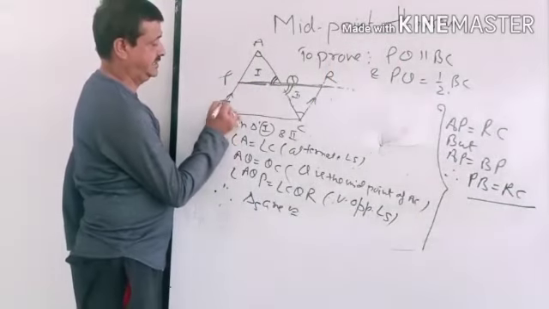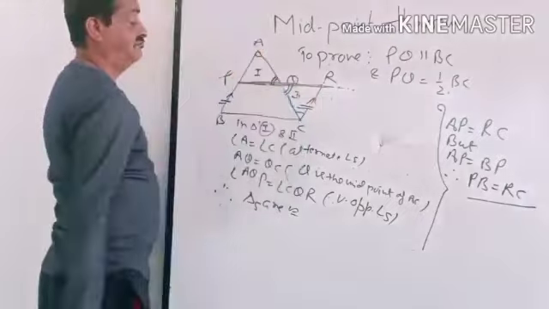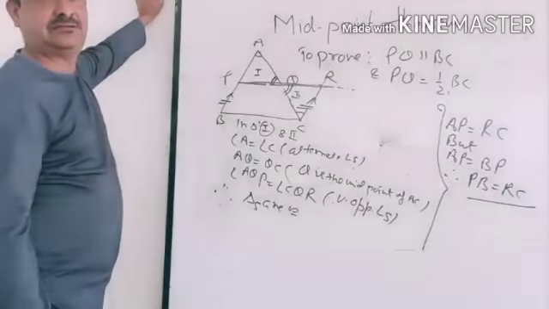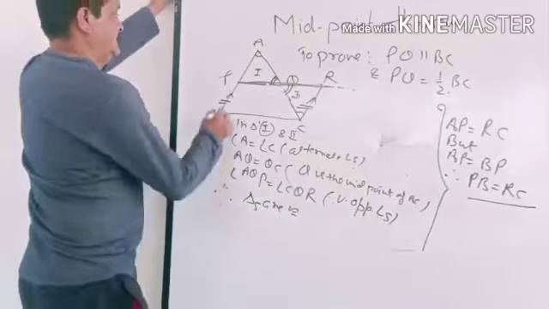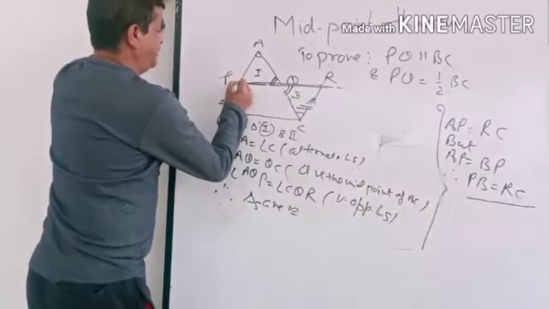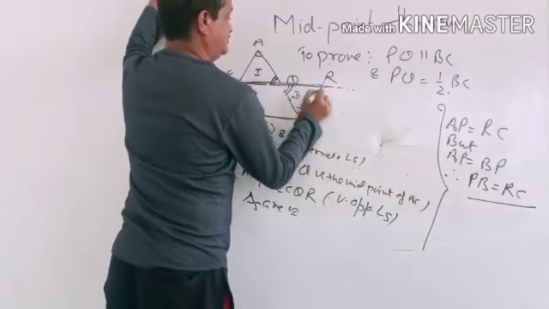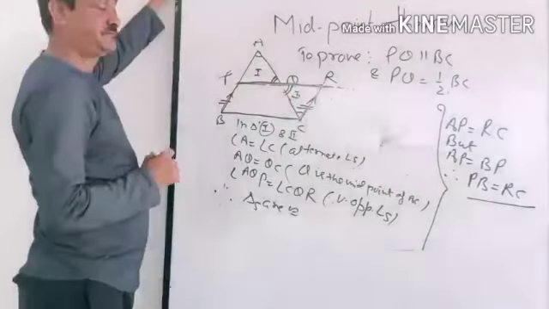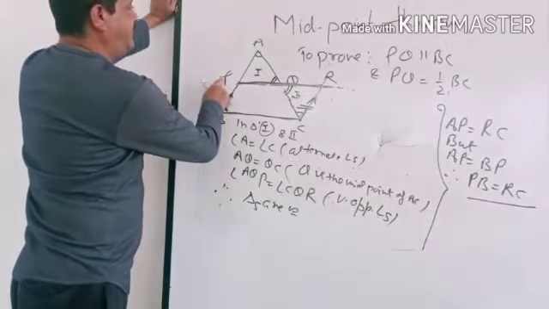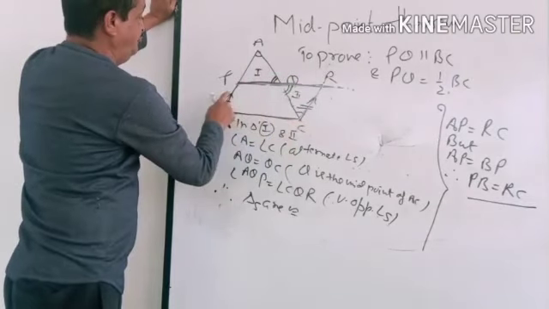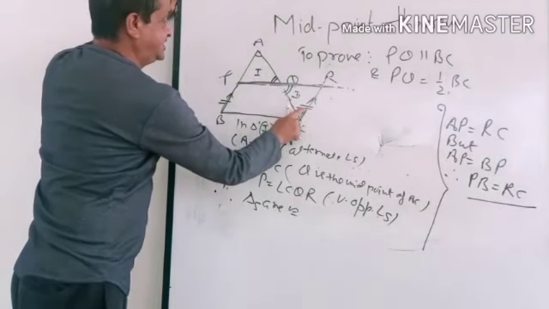Right? Now I am marking it. And why did I do it? Try to understand. Now we will learn a very important property of a quadrilateral. Look at this quadrilateral. In quadrilateral BPRC, we are getting two opposite sides equal and parallel.